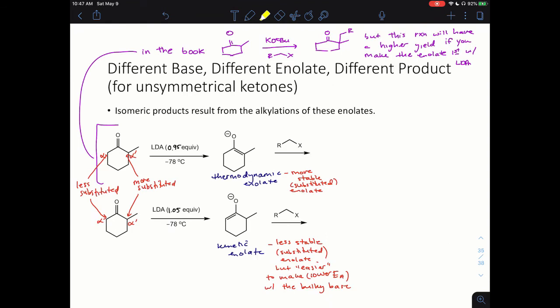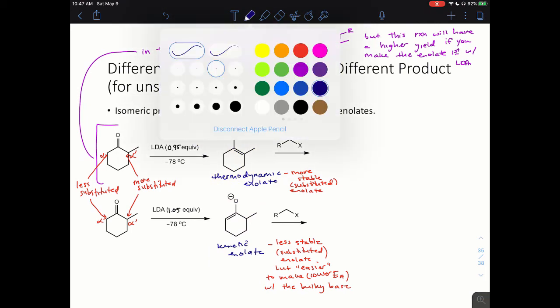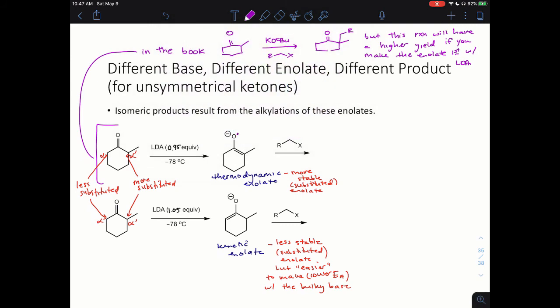What is the point of this? Well, the point is if you can make 2 different enolates, that means you can make 2 different alpha alkylated products. So if we take the thermodynamic enolate and treat it with an alkyl halide that is a good SN2 substrate, it will be alkylated to generate a product like this, whatever the R group is, and this would be a racemic mixture.